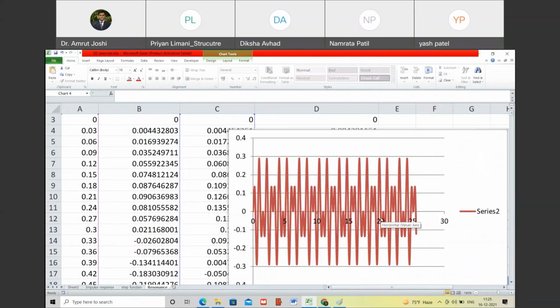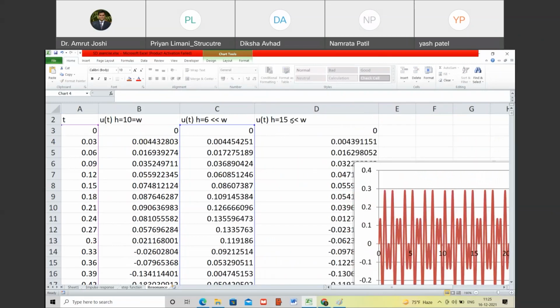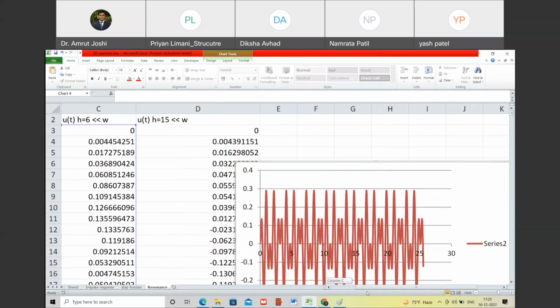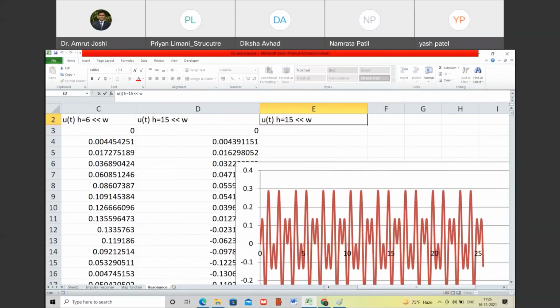So what do you observe? Similar behavior is observed. Now let us take this lambda very close to omega, but not exactly equal to omega. So u of t is equal to... this is greater than, and this is 9.98. So it is very close to omega, slightly less than omega. What are we going to do?